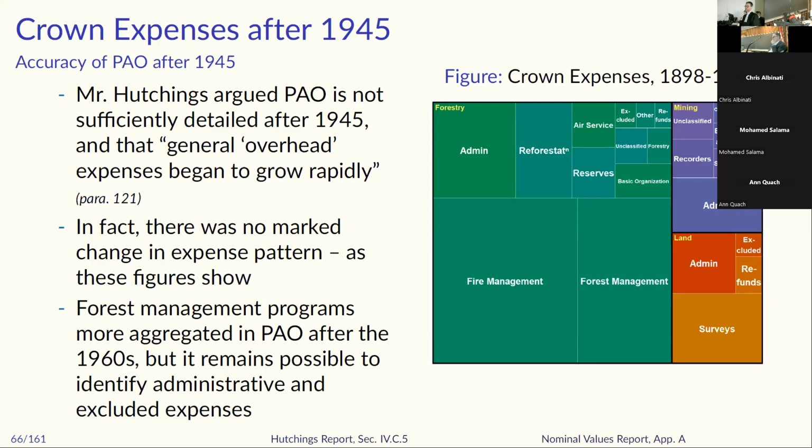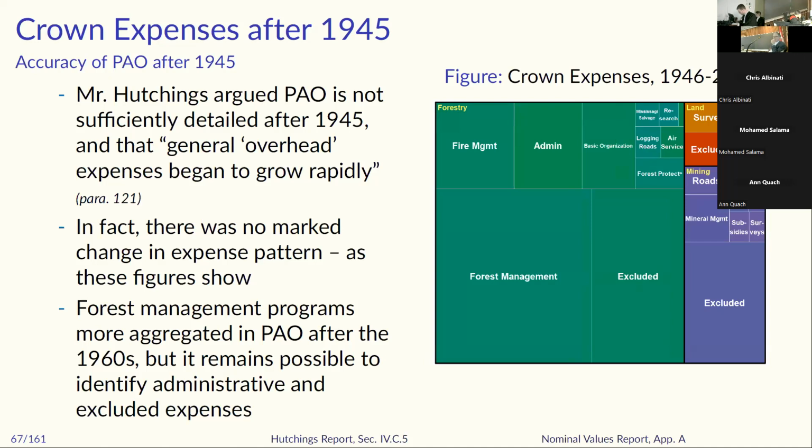And then if you flip to the next figure on slide 67, you'll see once again that the forest management box in the lower left is distinct from the basic organization box, a little bit hard to see in the green at the top. It's the third box from the left. I see it. Thank you. So that's just how the figures look.